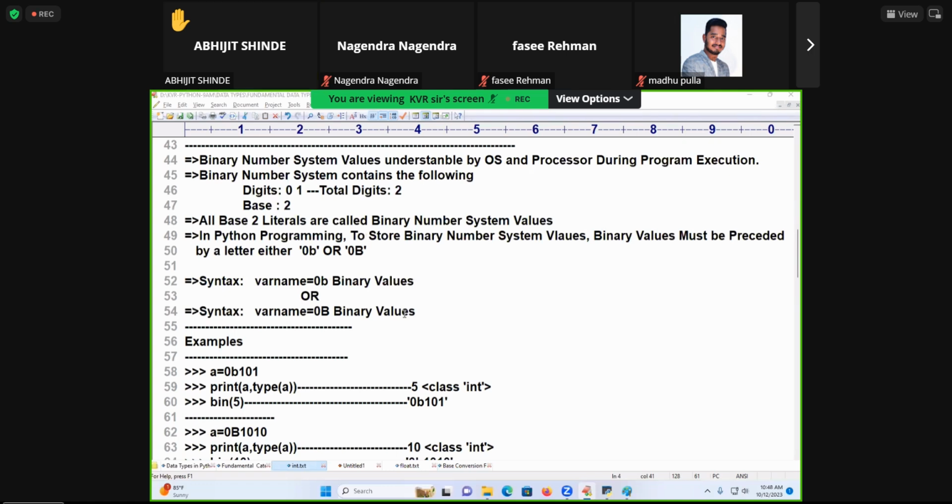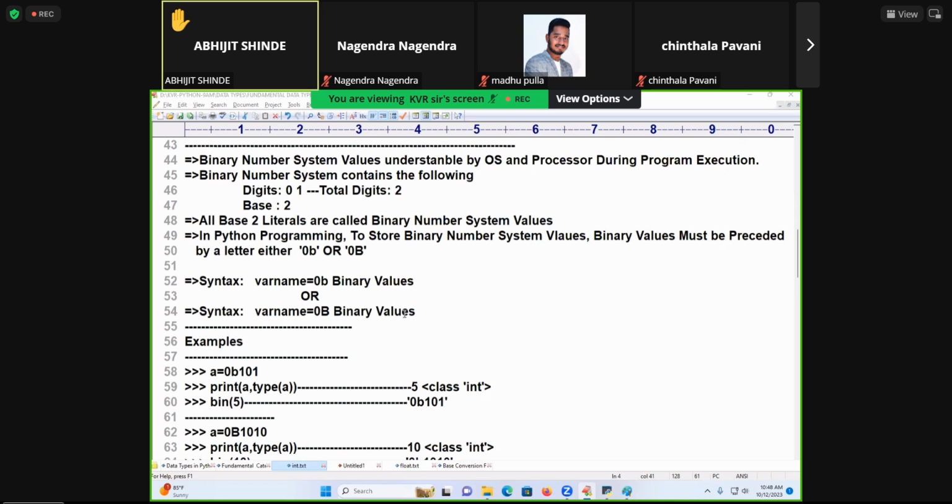For memory management, to build the OS memory management, they used hexadecimal. In further classes, I will show you some small OS errors also, so that you can understand that the error which is coming is in hexadecimal format. Okay, sir. Thank you, sir.